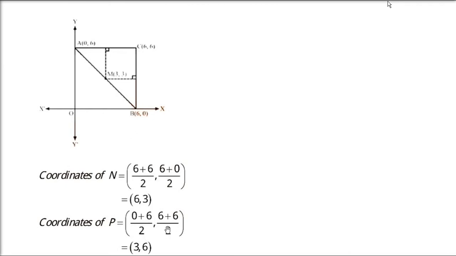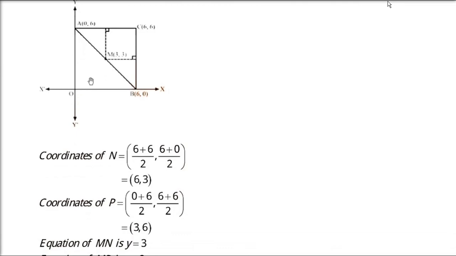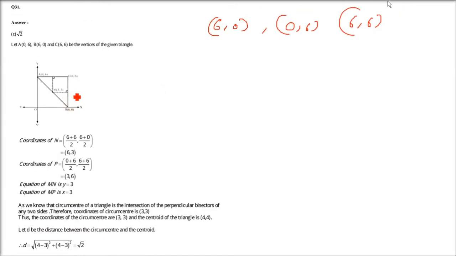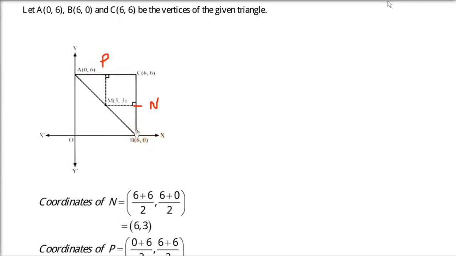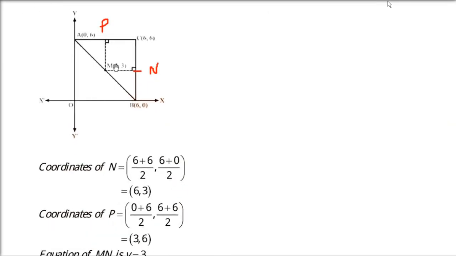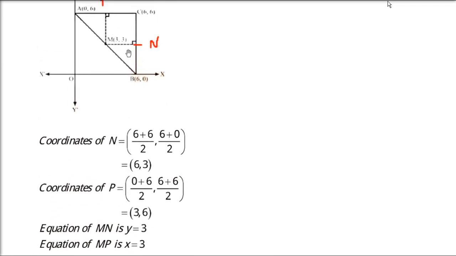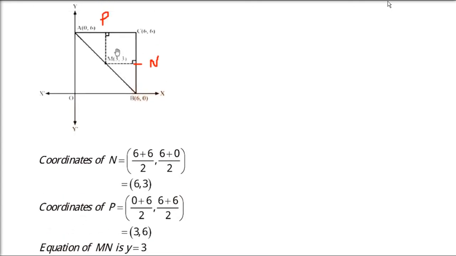And when we just join these two perpendicular bisectors, it intersects at 3, 3, because you can see 6, 3 and 3, 6, 3, 3 is the common point. So the equation of this is n and this is p. So n has come from, because we are trying to do the circumcenter first, for that we have to have a perpendicular bisector. Bisector means the endpoints x1 plus x2 by 2 and y1 plus y2 by 2. So that is how you got 6, 3 and 3, 6.